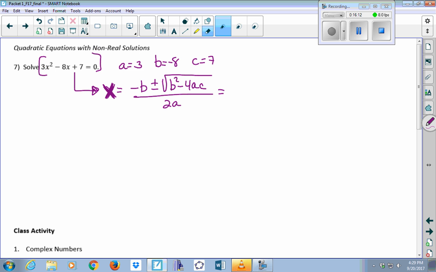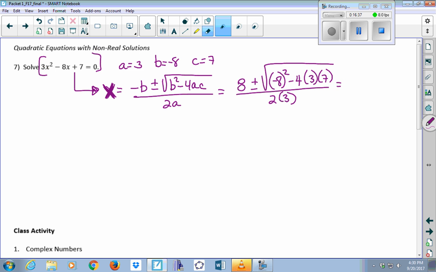So the opposite of b is going to be 8, since b is negative 8, plus or minus the square root of negative 8 squared. I have to put the negative 8 in parentheses, minus 4 times 3 times 7. The entire thing divided by 2a, which is 2 times 3.